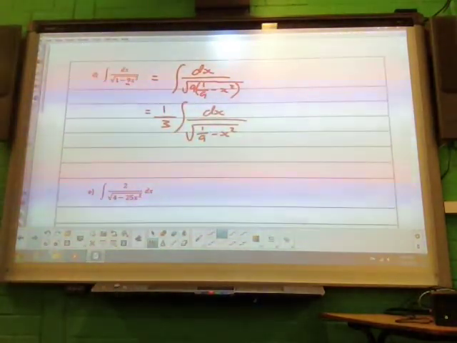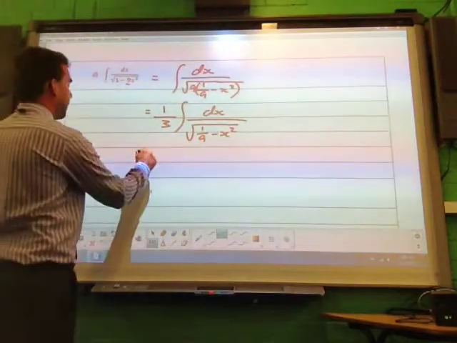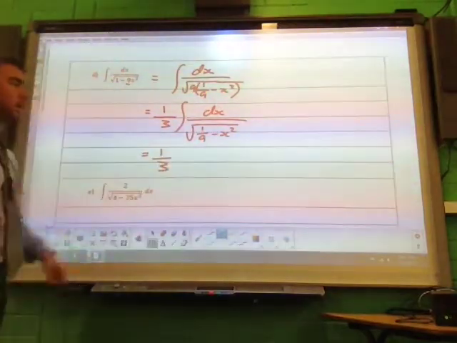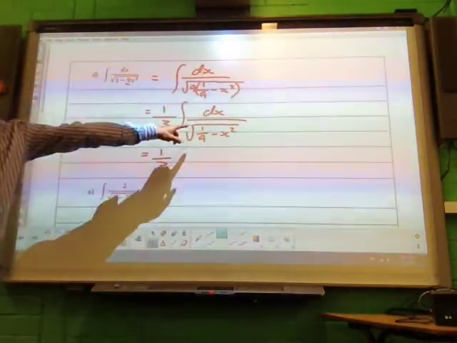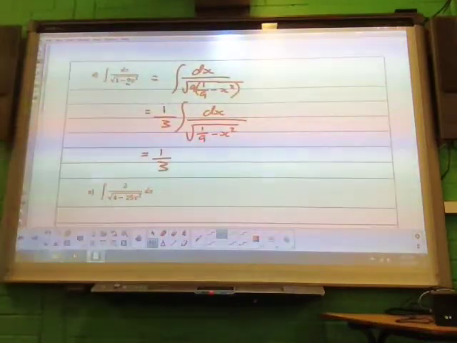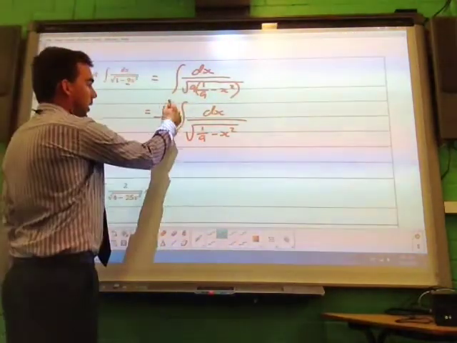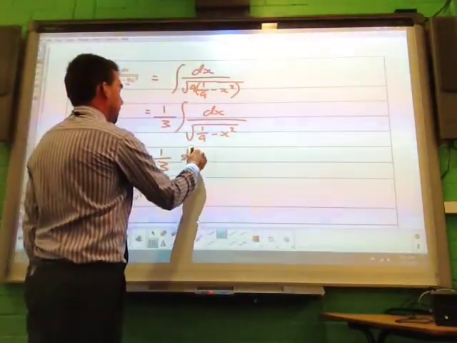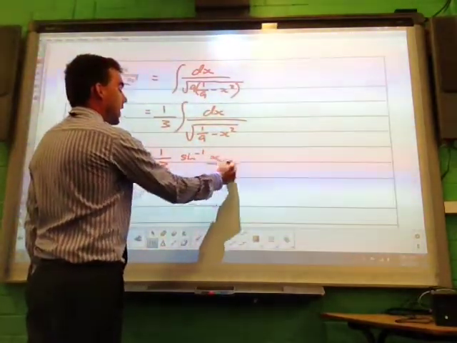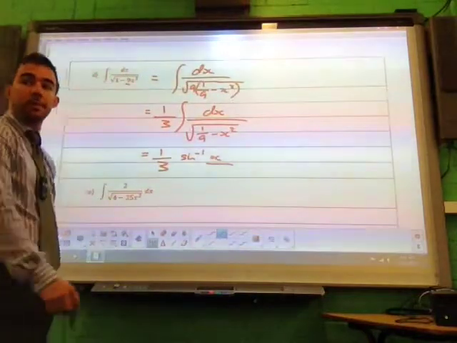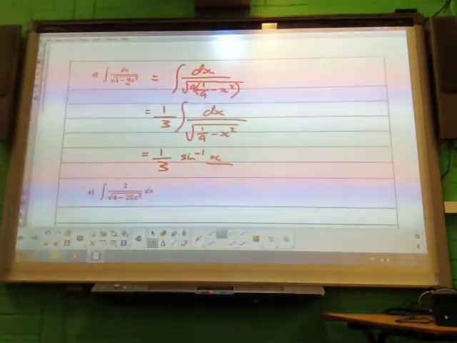Right, so that's 1 over a squared, the square root of a squared take away x squared. Okay, so we can integrate that. So what's the rule? What's the formula? Okay, sine. So a third out the front, sine inverse of x over a. So a is what? 1/3. You've got to take the square root.